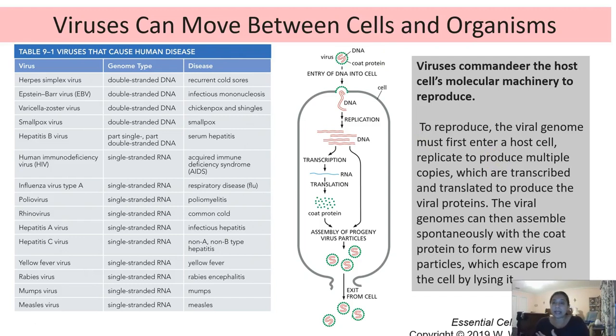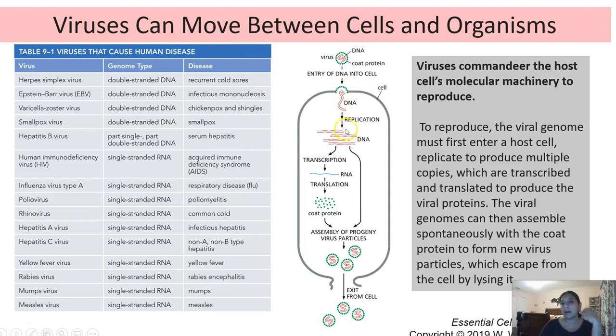Viruses cannot just replicate all by themselves. They need a host. Whether they are a DNA virus or an RNA virus, they need to infect a cell first. Many times they will infect a cell by binding to the cell membrane, and then they will inject their genome inside, leaving the viral coat behind on the cell membrane.